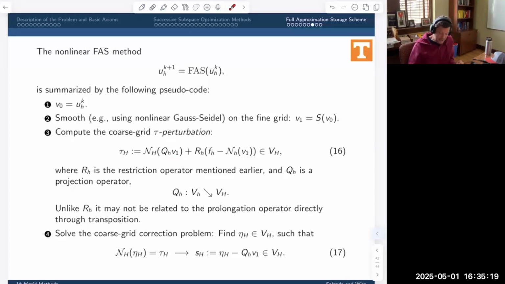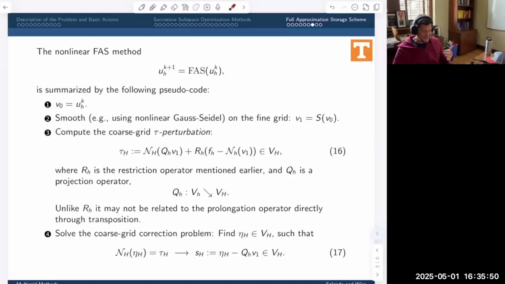Q_H v_1. Q_H is a projection operator that pushes this function v_1 from the fine grid down to the coarse grid, where I'm able to act on it with this operator N_H. N_H, again, that's the coarse grid representation. Maybe it's related to the fine grid nonlinear operator through something similar to the Galerkin method, or to the Galerkin condition.